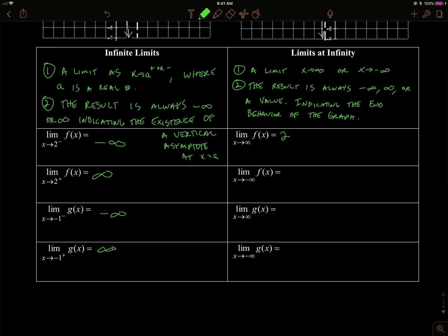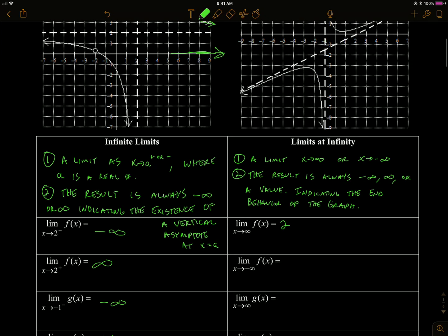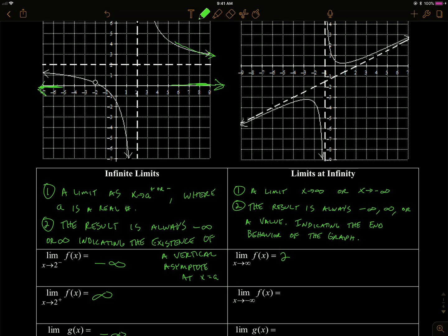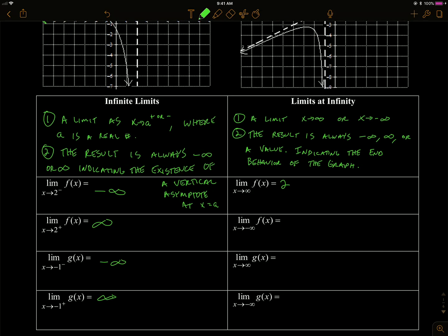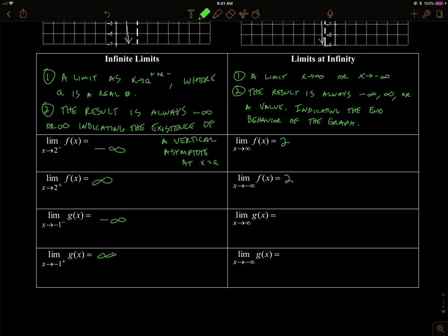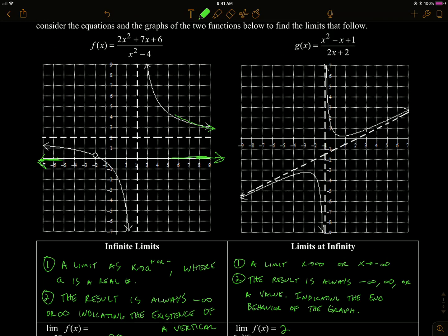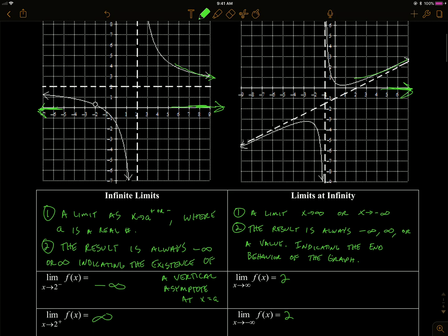So over here, on f, as we go to negative infinity, on this side, it's also approaching that horizontal asymptote of 2. On the function g, as x approaches infinity, we're now approaching this slant asymptote, and it's not bounded. It's just going to keep going up and up and up. This graph just keeps increasing with the asymptote.